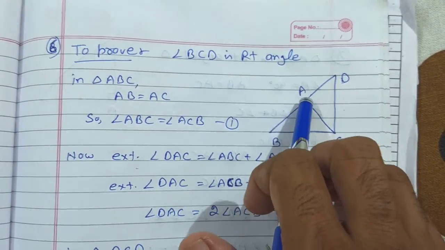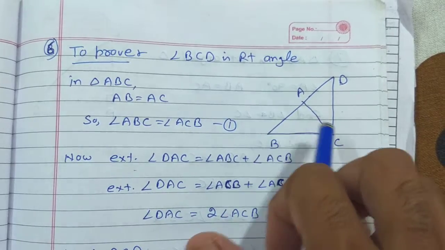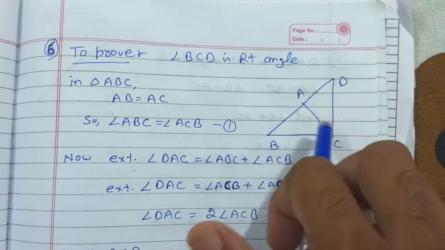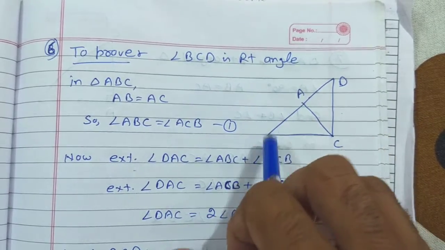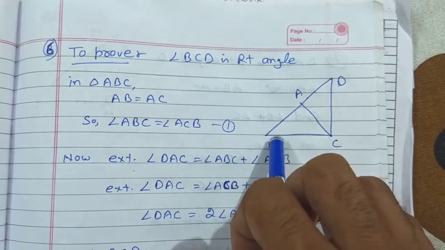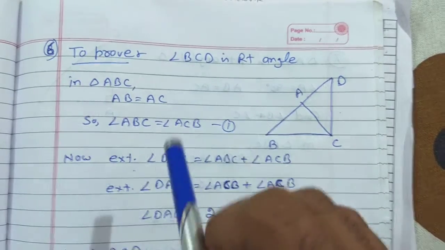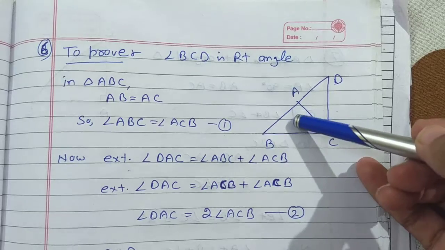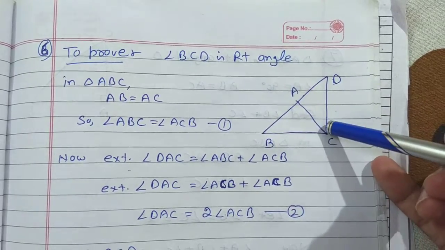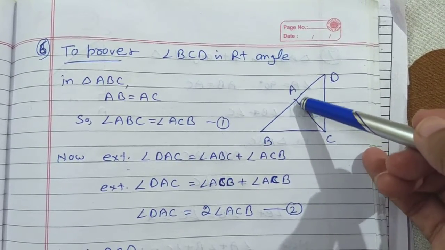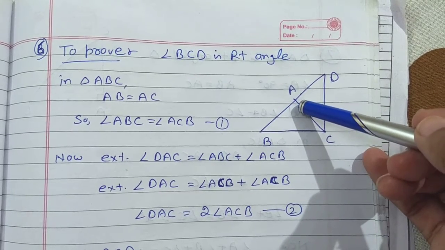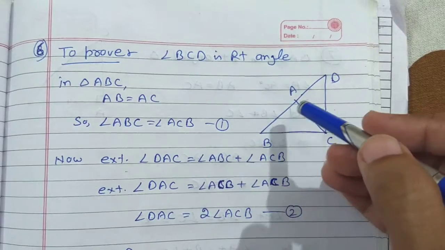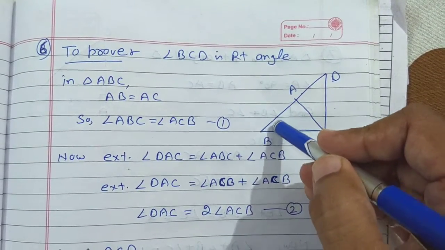So first of all, we are taking a triangle ABC. Here you know that AB is equals to AC, so their corresponding angles are also equal. So angle ABC and ACB, both angles are equal. Equation number 1. Now we are taking external angle of this triangle, that is DAC, and you know very well what is the external angle sum property, that is external angle is always equals to sum of internal opposite two angles.